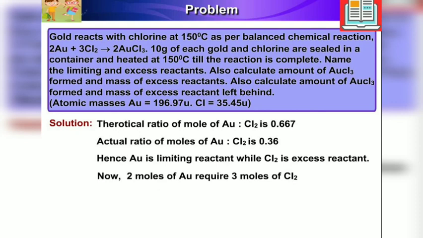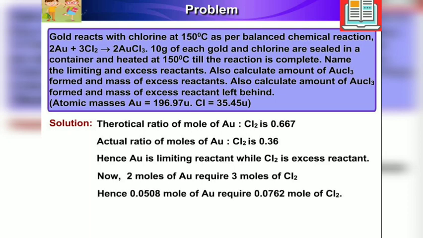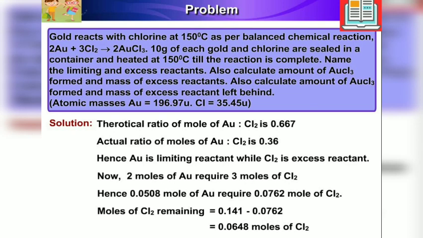Now, 2 moles of Au require 3 moles of Cl2. Hence, 0.0508 mole of Au requires 0.0762 mole of Cl2. Moles of Cl2 remaining is equal to 0.141 minus 0.0762, which is equal to 0.0648 moles of Cl2.